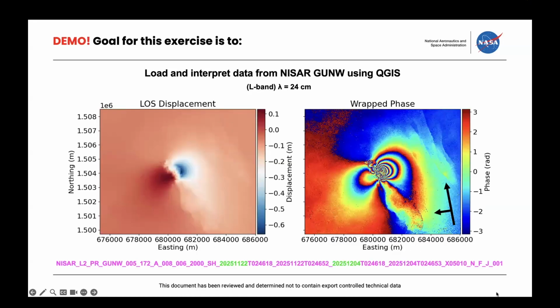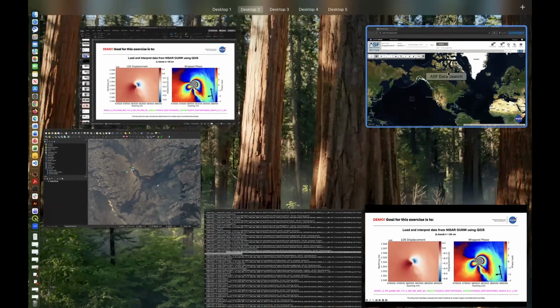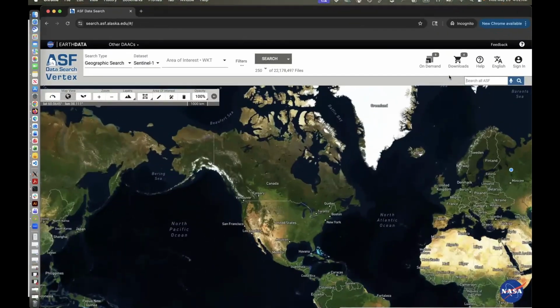So in the next slides, I will show you how to download, load, and interpret data from NISAR. We will take the Erta Ale diking event that occurred in November 2025, just after the eruption of Hayli Gubbi in Africa. To download the NISAR data, we will use ASF Vertex. So we'll go to our favorite browser and type search.asf.alaska.edu.